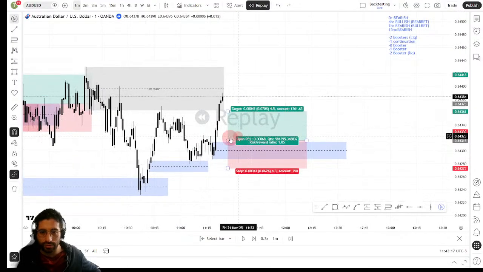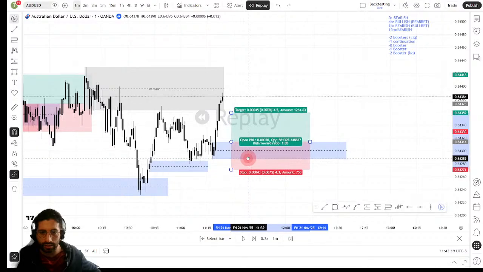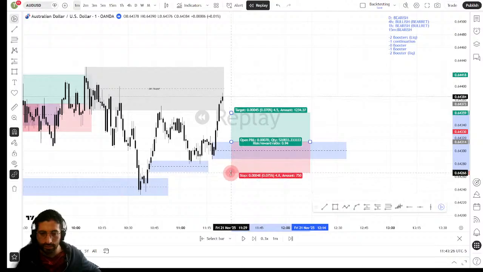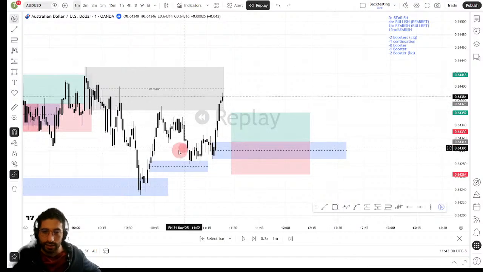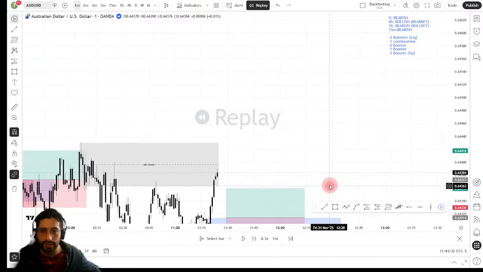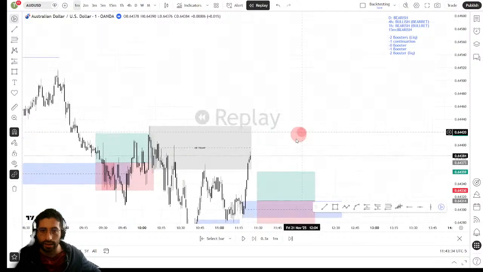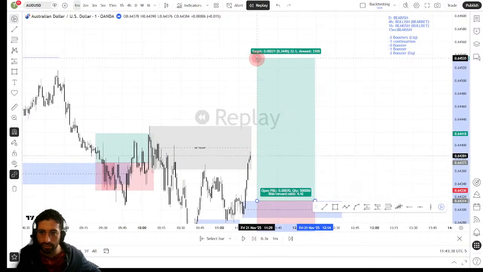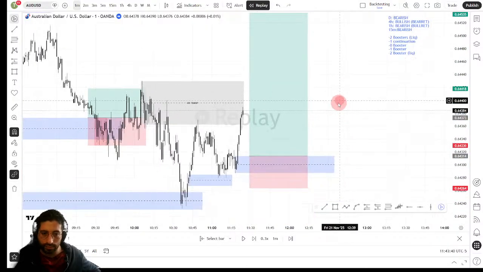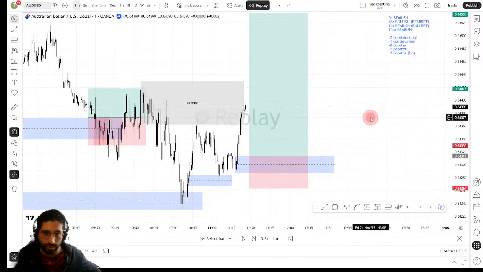Reaction, boss, and here we have this one. 5 pips. Right. Let's see what happens. It will be at least to this point. So 1 to 4, ideally.